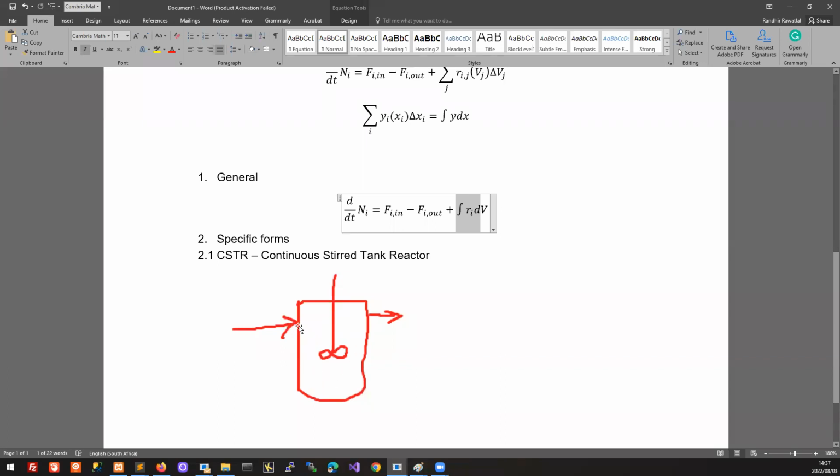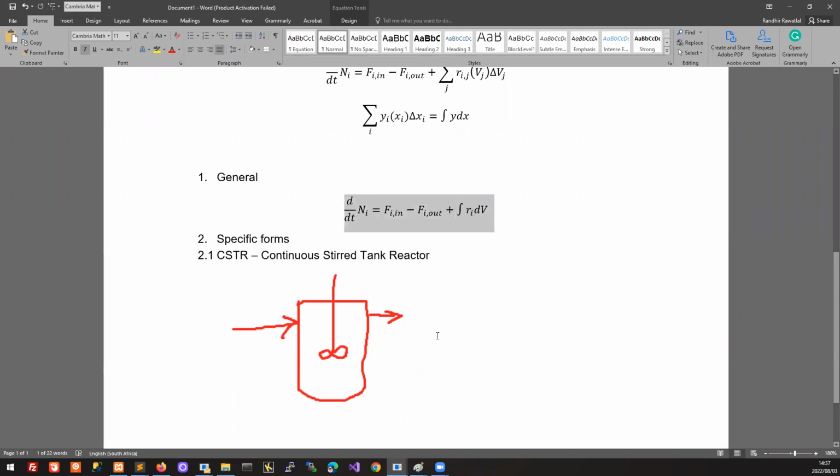So even though the concentration of our flow into the reactor will generally be different to the concentration in the reactor, still, we regard every single point in this reactor as having the exact same concentration. And that will also mean it has the same concentration at the exit.